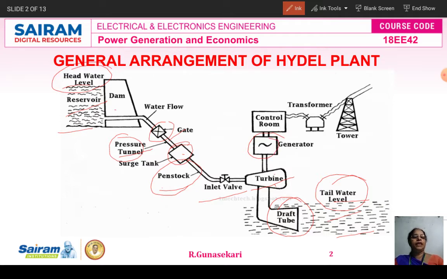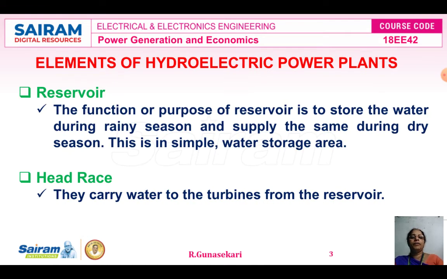The generator and the turbine are both in the powerhouse. This is the control room. The generated power is first stepped up with the help of a step-up transformer, then transmitted using a transmission tower. So this is the general arrangement of the hydroelectric power plant.